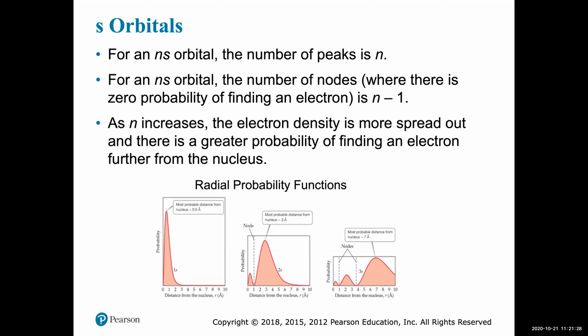And then same thing with 3s. As we get to these bigger orbitals, in other words, the increase in the principal quantum number, we see that the most probable distance to find the electrons gets further away from the nucleus. And what this is telling us is that things are just spreading out more.